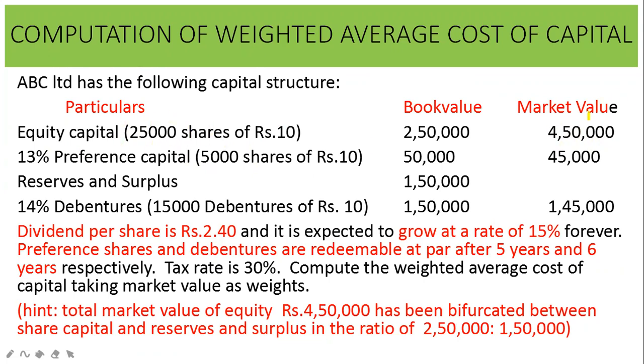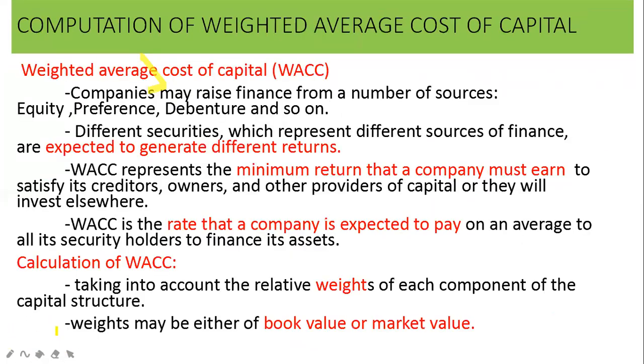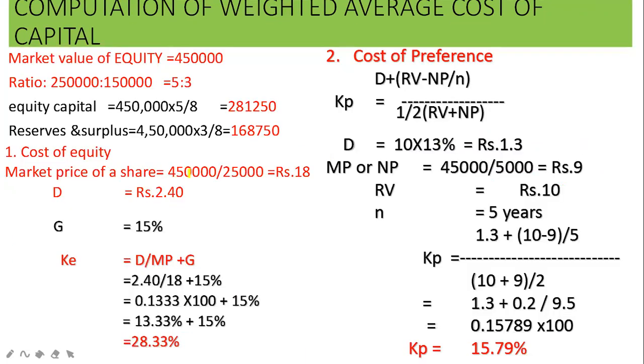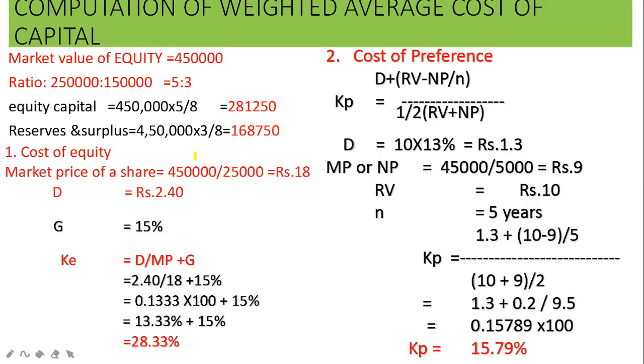Why am I taking the total market value? With the help of the cost of equity we can arrive at the cost of reserve. So to calculate the cost of equity, I am taking the market value of the equity on the whole as 4,50,000, divided by the number of equity shares, which is given here as 25,000.